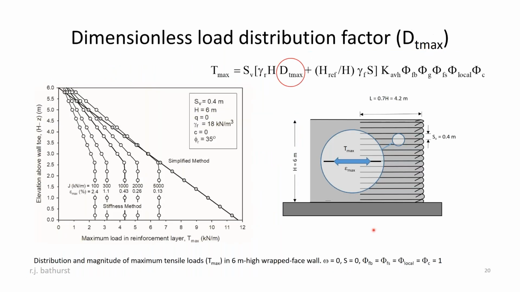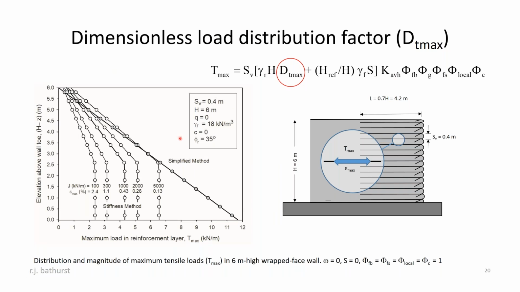This slide here shows the influence of some of these parameters that we have introduced into the stiffness method equation. So the stiffness method equation is shown here. And the first parameter that we introduced was a parameter to better predict the distribution of reinforcement loads in these walls under operational conditions.